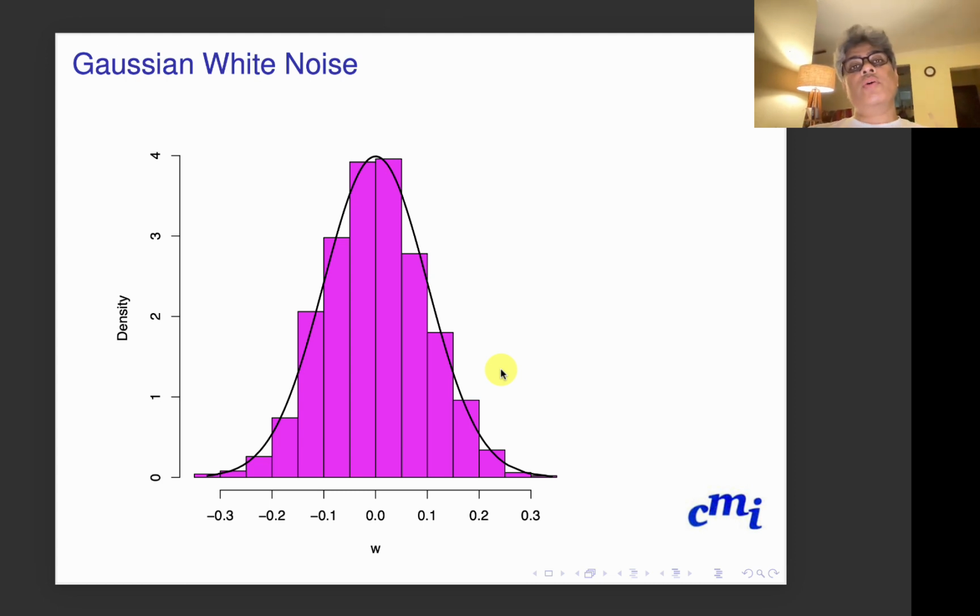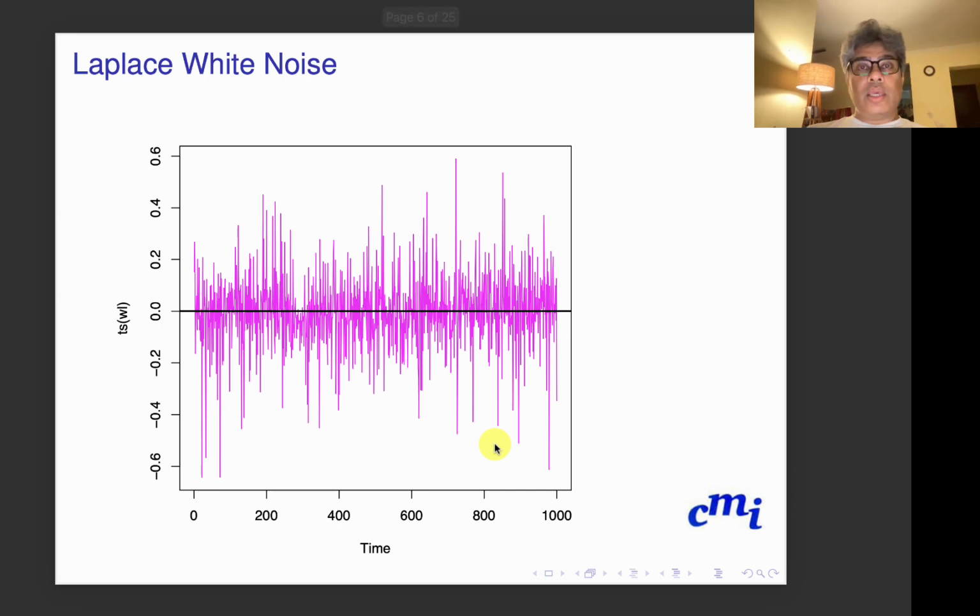Here is the histogram of the same white noise data, and this black curve is the density curve of the Gaussian distribution. Here I am presenting Laplacian white noise. In the Laplacian white noise, you can see again it is hovering around 0, just like the Gaussian distribution.